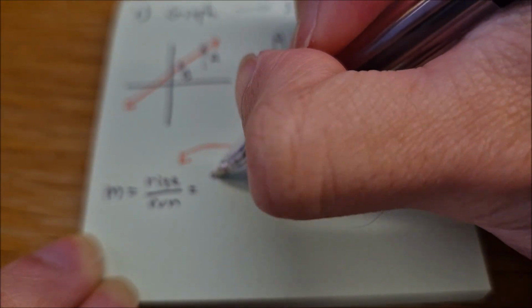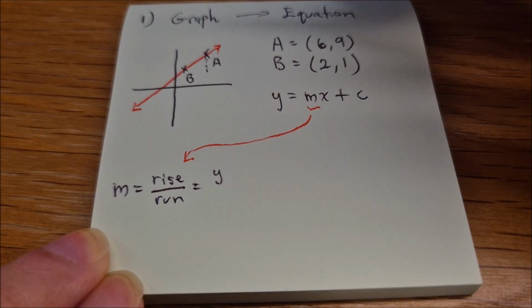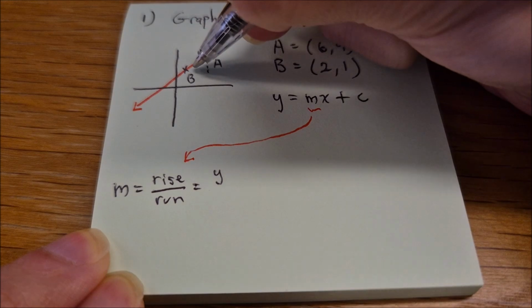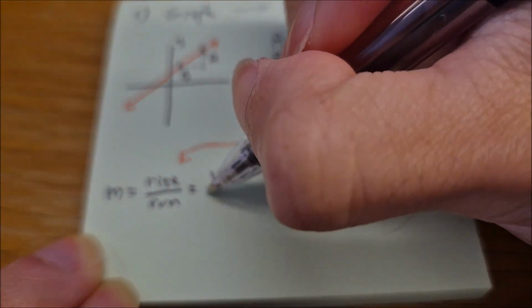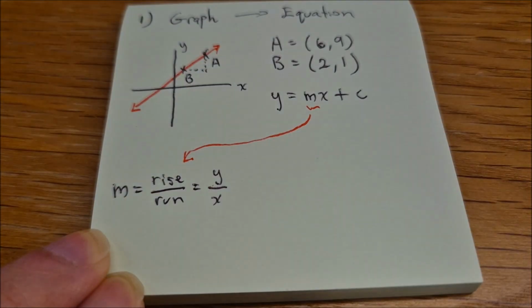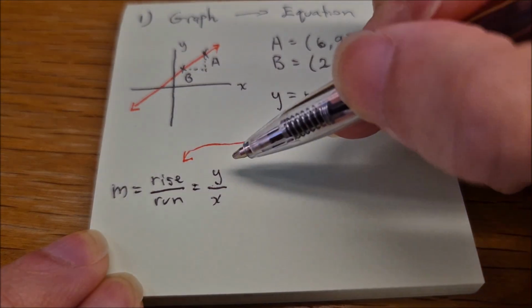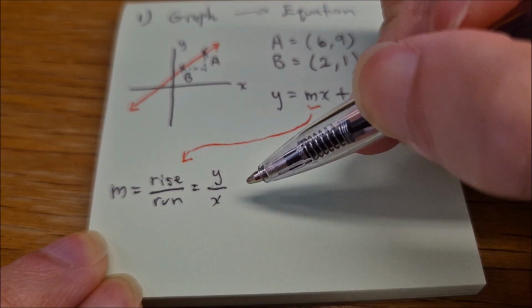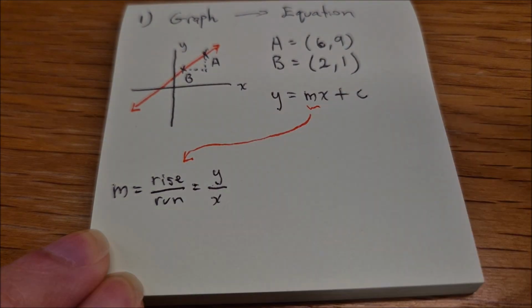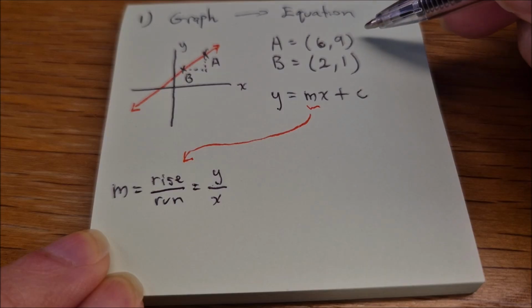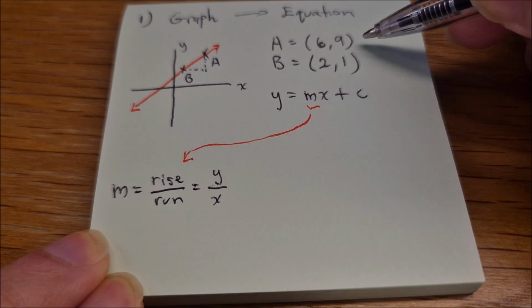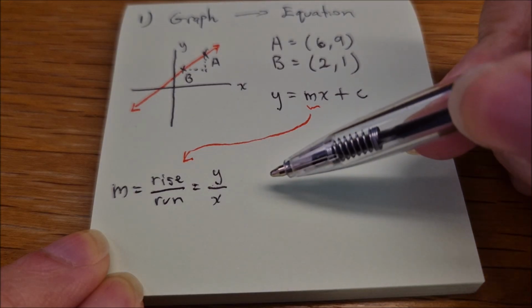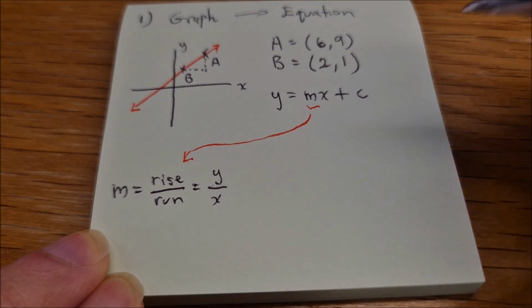So that's our y distance, or how far along in the y direction we're going. And then along this x direction, that will be our run. More specifically, how do we get these y and x distances? Well, we are given the coordinates of A and B, and the distance between these 2 points will give us our rise and our run.